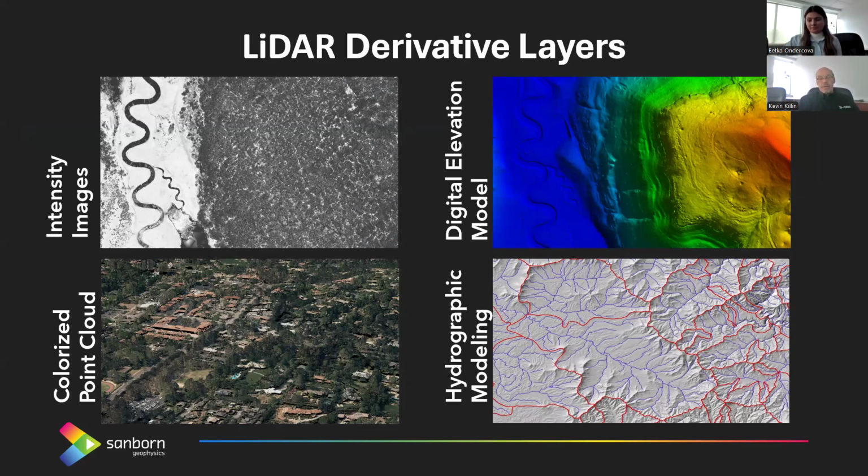Digital elevation models, which we're all familiar with through geophysics, can essentially see through the vegetation with lidar, and you get a very clear image of the terrain. So this detailed terrain model can be produced and used for hydrographic modeling as an example. LiDAR can also be used to get colorized point clouds, which show infrastructure and vegetation as well.